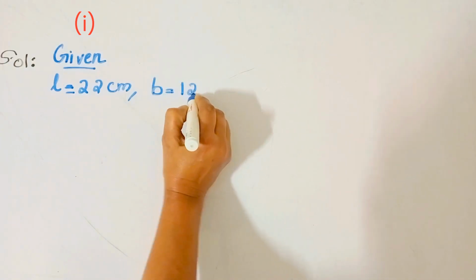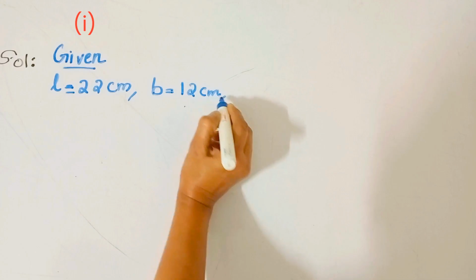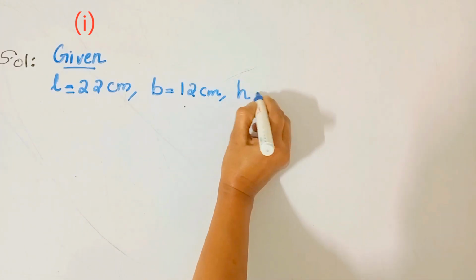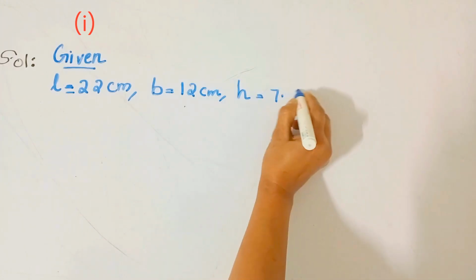Length is 22 centimeters, breadth is 12 centimeters, and height is 7.5 centimeters.